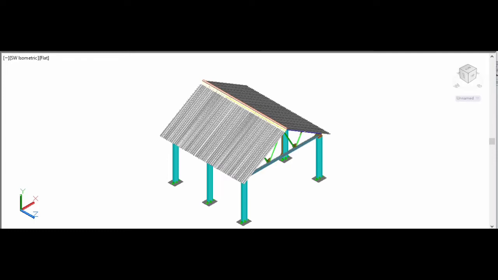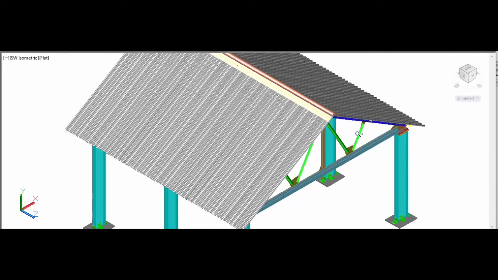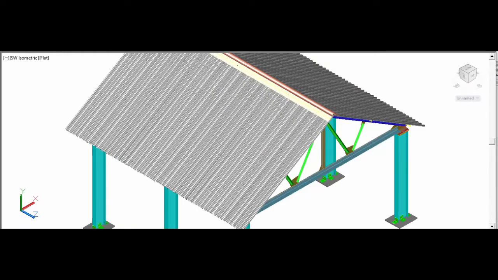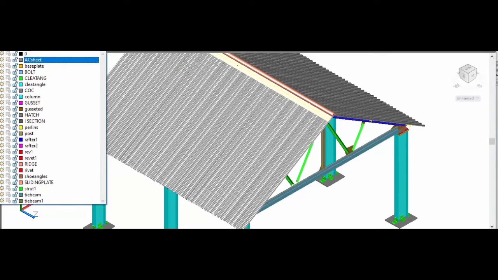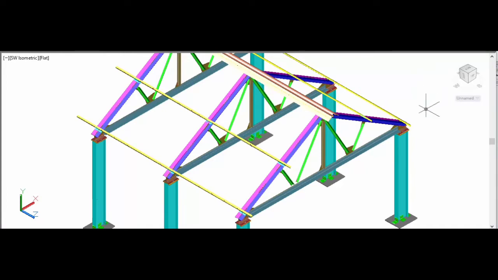Now, here you find a roof truss. Let me close down the AC sheet, the roof covering, and have a look at the various components of a roof truss.